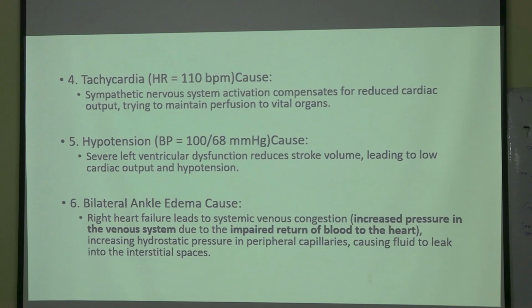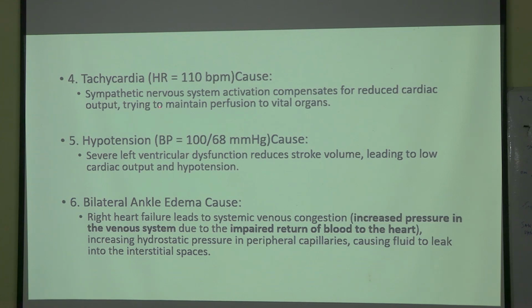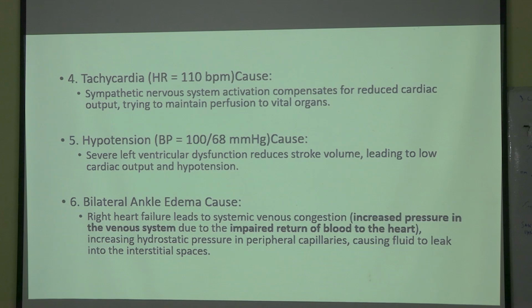Now see, here is how tachycardia is related to this. As I mentioned, there is an altered heart rate in subjects who have this particular syndrome. Why or how is it related to the condition? Sympathetic nervous system activation compensates for reduced cardiac output and tries to maintain perfusion to vital organs.